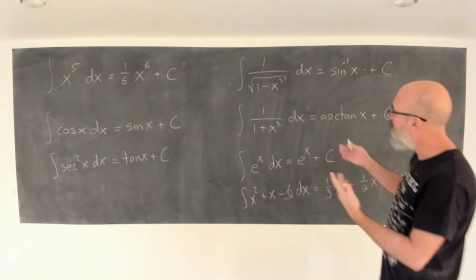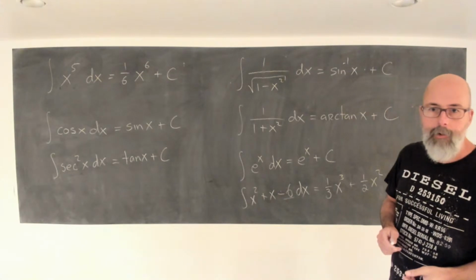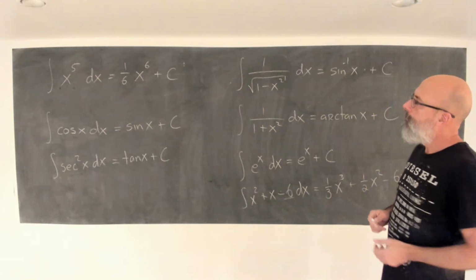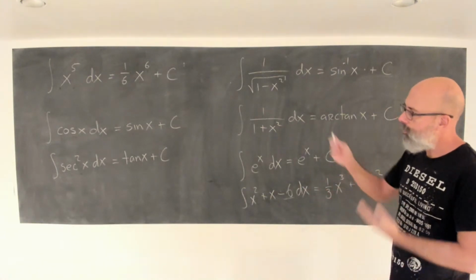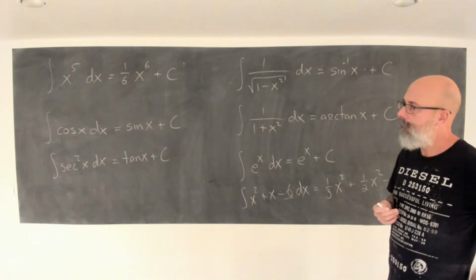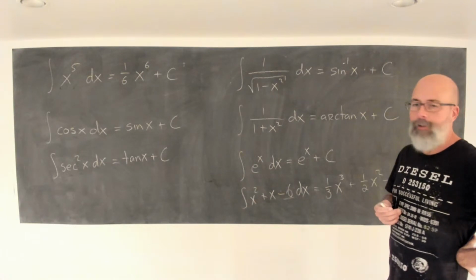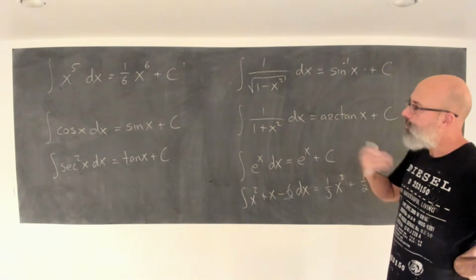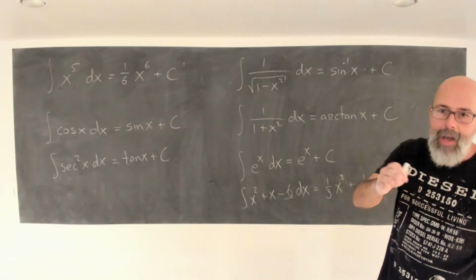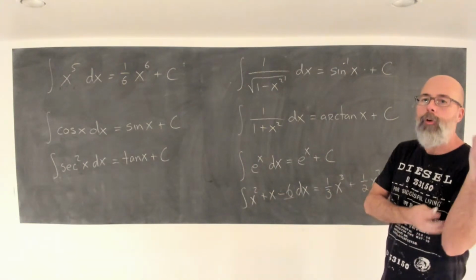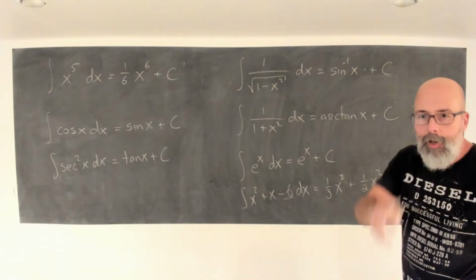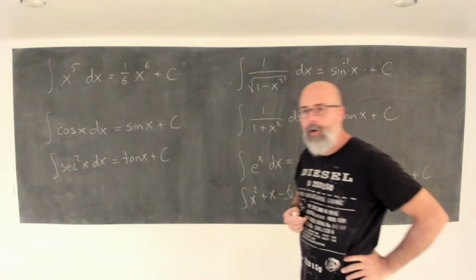So of course, these get more and more complicated. But as far as we're concerned, if you can spot the antiderivative, that's all we're going to need, at least for this course. And I suspect probably for physics as well.